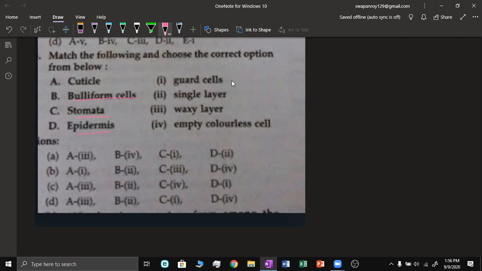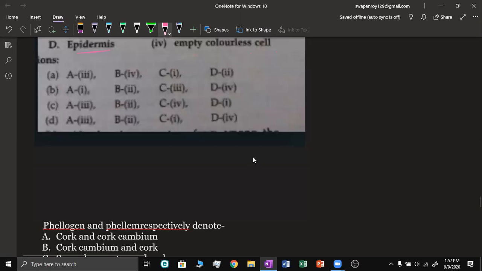And this side in column B or column 2, and this is column 1. Column 1, this side is guard cell, single layer, waxy layer, empty colorless cell. So what will be the matching?